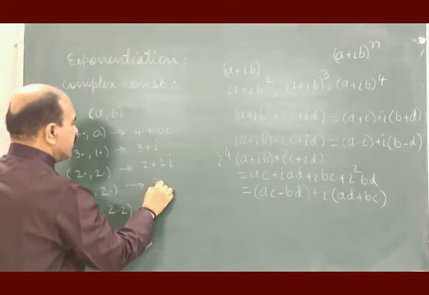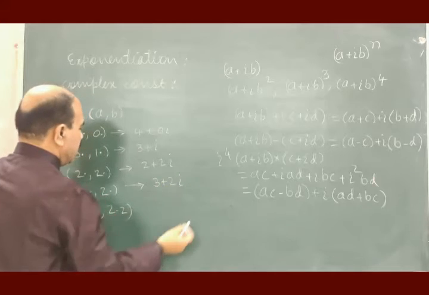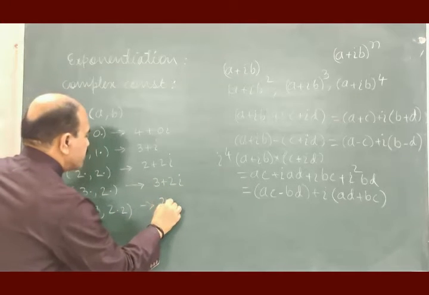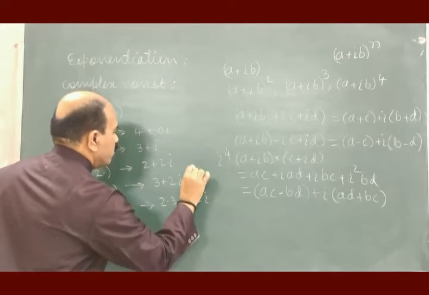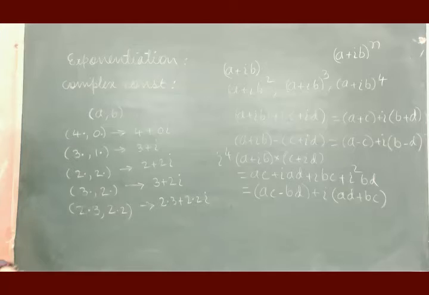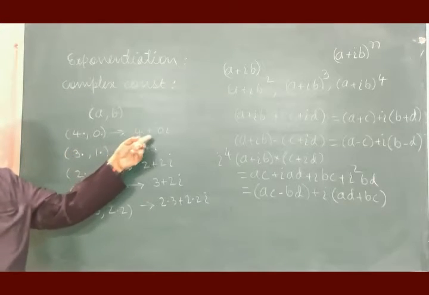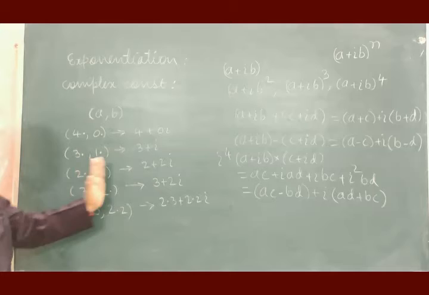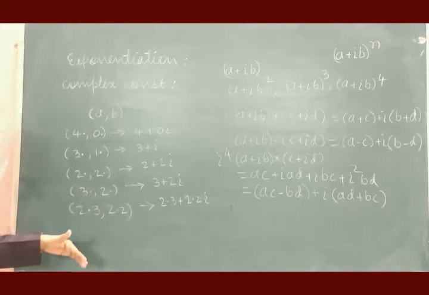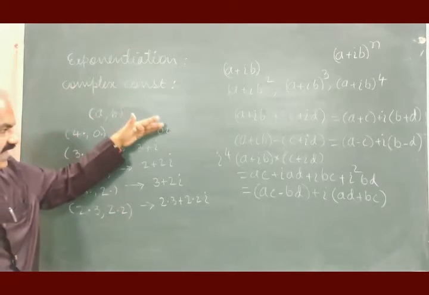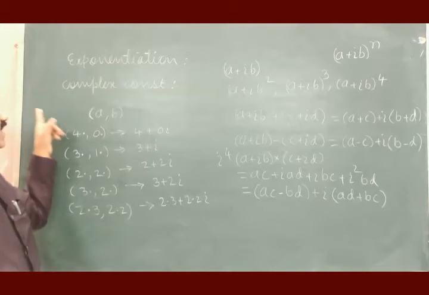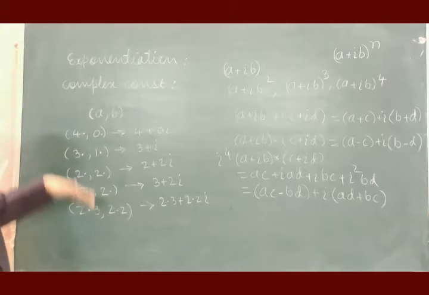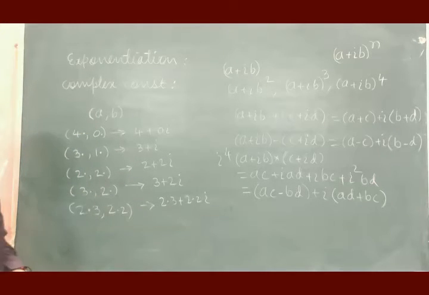This is considered as 3 plus 2i. This is considered as 2.3 plus 2.2i. This is considered as this. So, if we write this way in Fortran, it will be considered as such constants. These are known as complex constants, and this is the way of representing complex constants in Fortran.